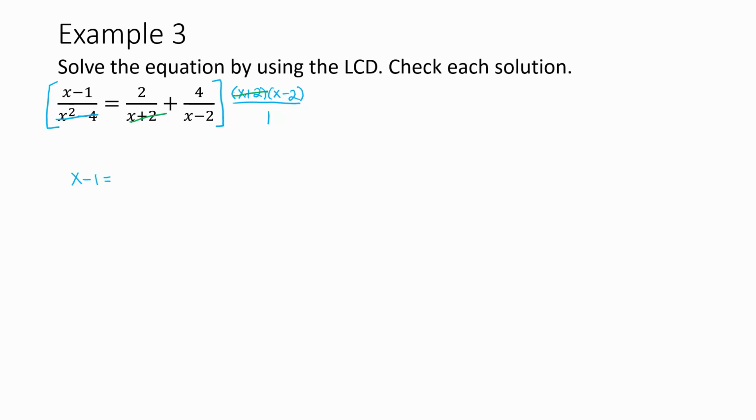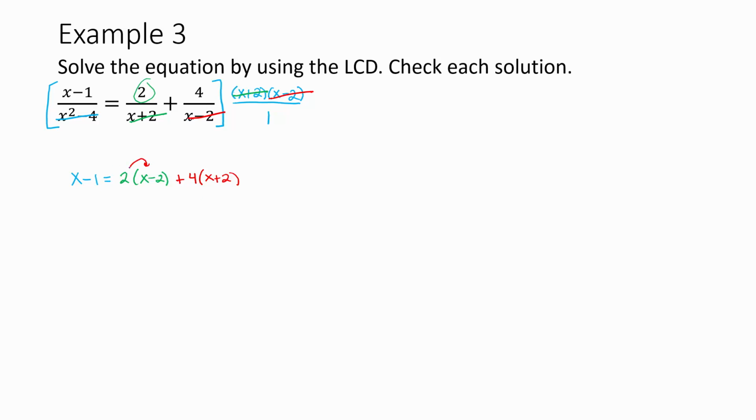So x plus 2 and x plus 2, leaving me with 2 times x minus 2. And then on the third, x minus 2 and x minus 2 cancel, leaving me with 4 times x plus 2.